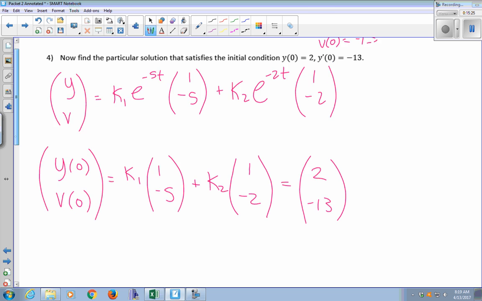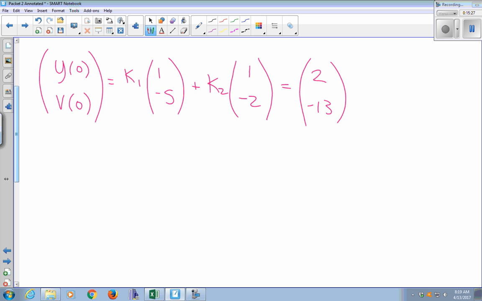And now I should have two equations with two unknowns here. Take the top entries. I have k1 plus k2 is 2, and negative 5 k1 minus 2 k2 is negative 13. Use your favorite method to solve this. Substitution, elimination, row reducing a matrix, whatever you like. I'm going to do elimination. I'm going to multiply this first equation by 2.